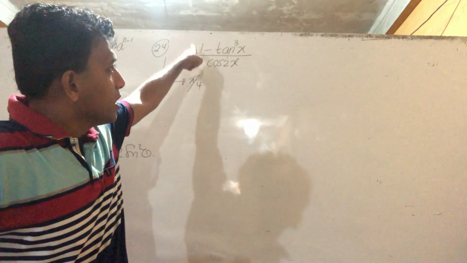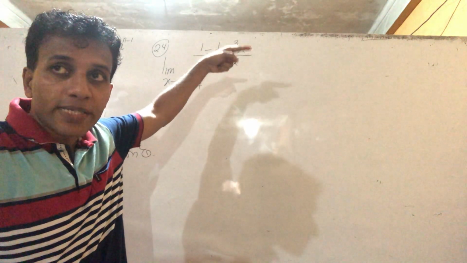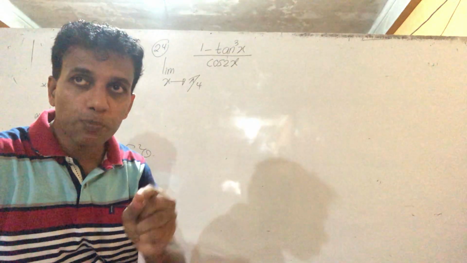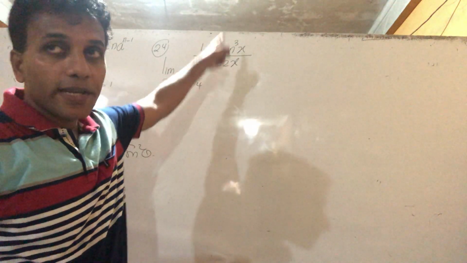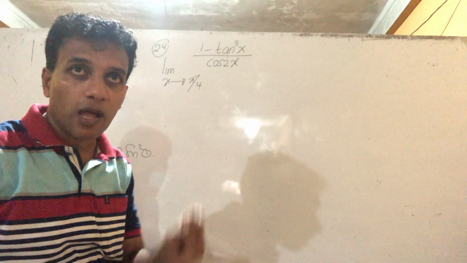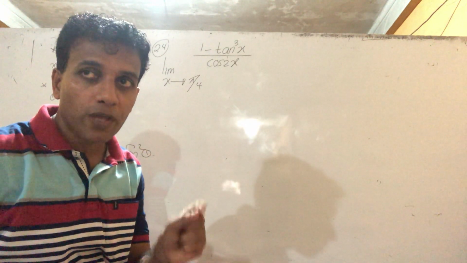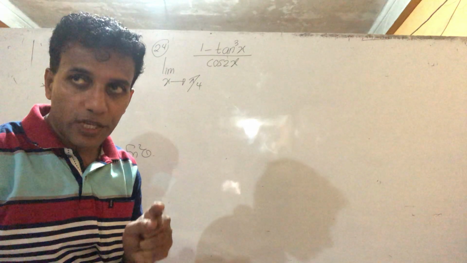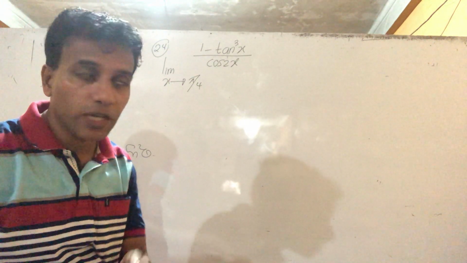Also, I can factorize 1 minus tan cube x, following the a cube minus b cube pattern. Refer to that factorization. What is a cube minus b cube? It is a minus b times a square plus ab plus b square.